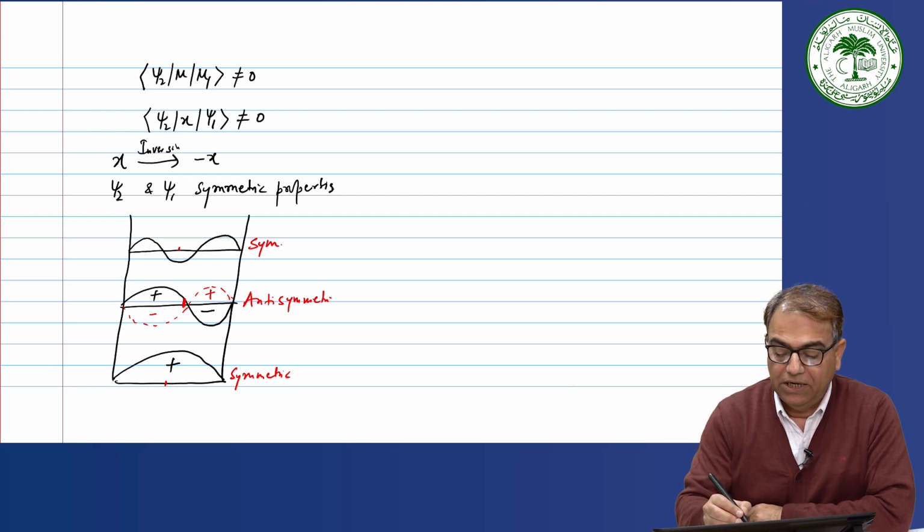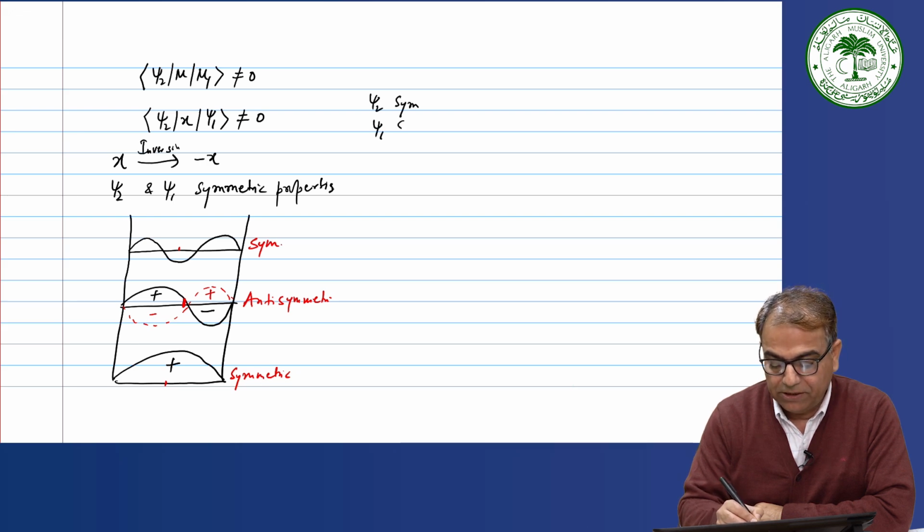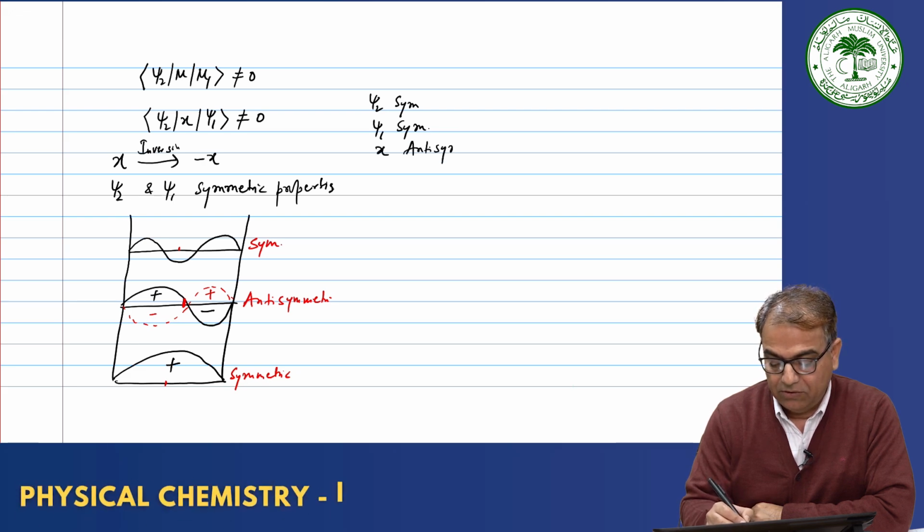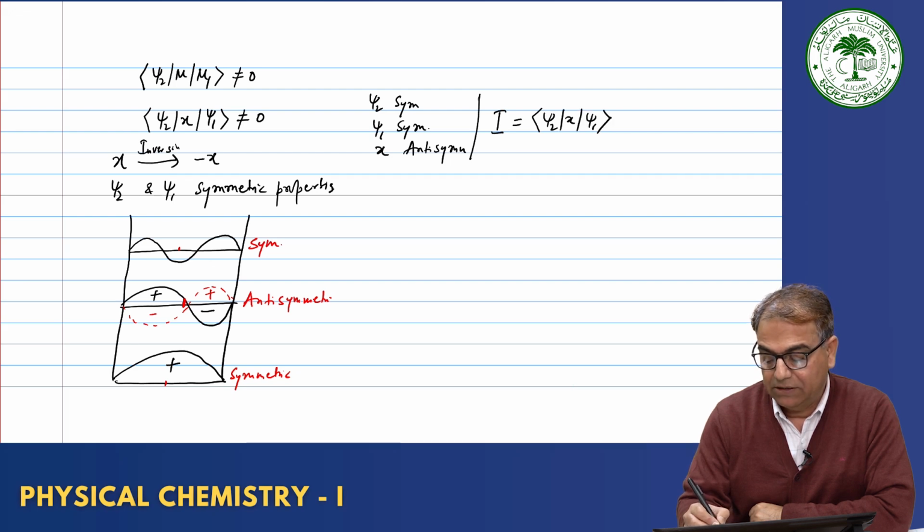Okay. If that is so, then if psi 2 is symmetric, psi 1 is also symmetric, and your x is antisymmetric always, then what will happen to the integrand? Integrand means psi 2 x psi 1 d tau or bra psi 2 x psi 1 ket.